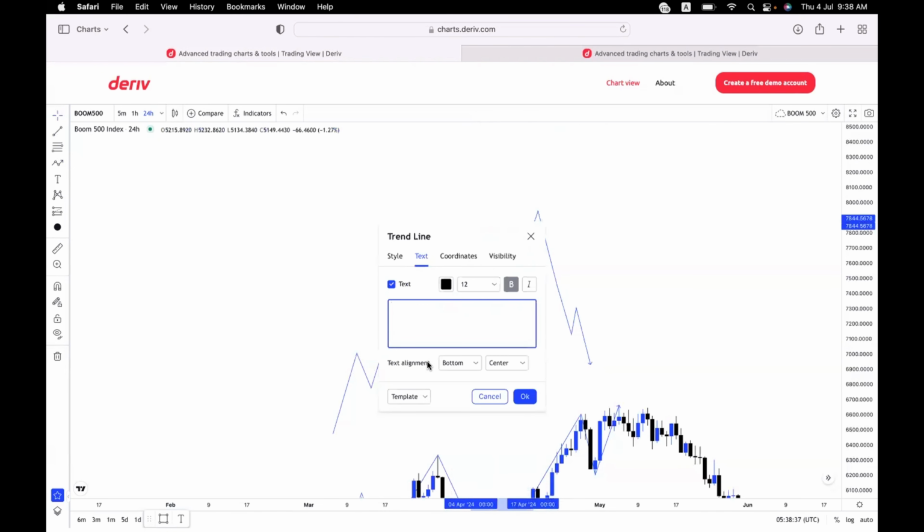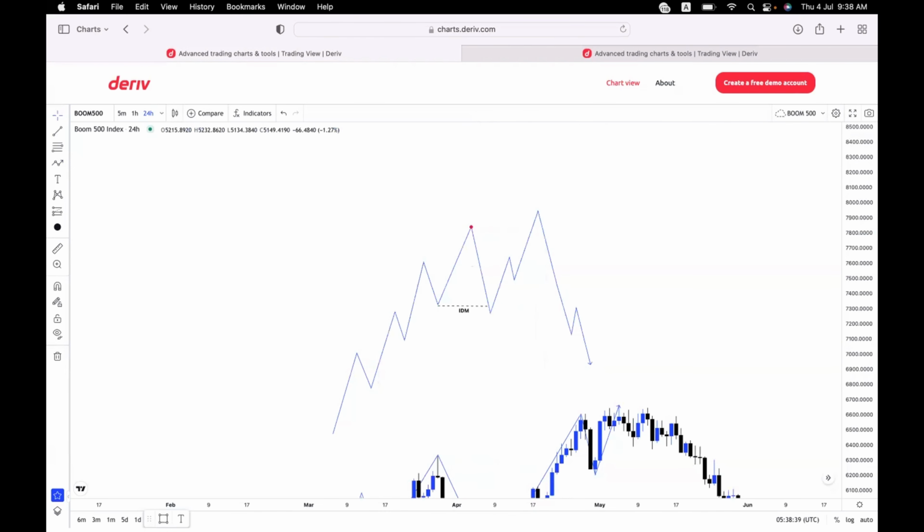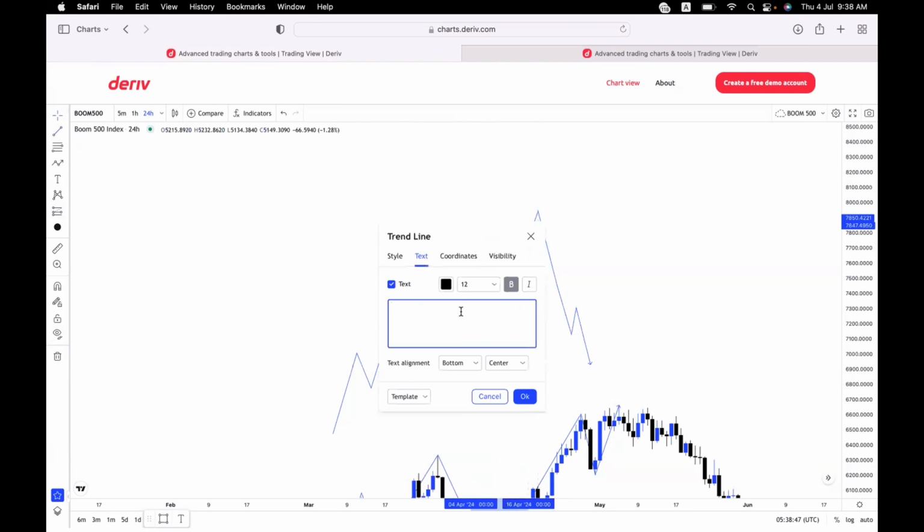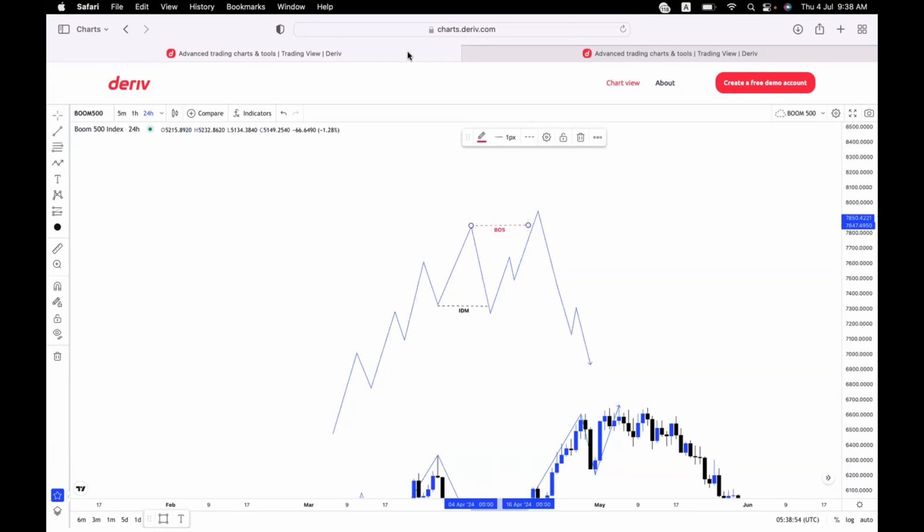And then you can identify this with BOS shortcuts. Okay, so this is breakout structure, right?